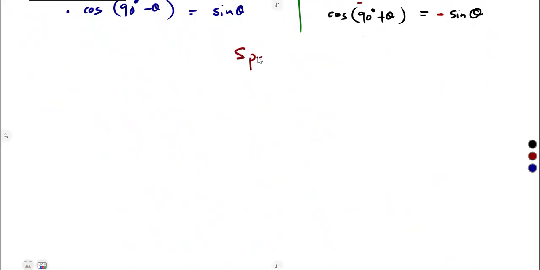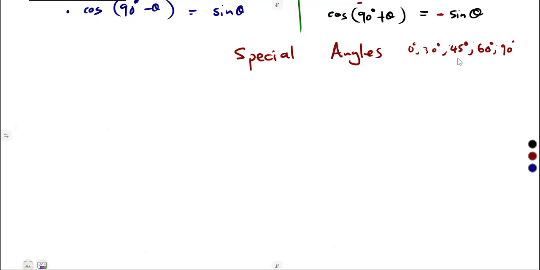But anyways, as you consider the special angles, we are referring to 30 degrees, 45 degrees, 60 degrees. Actually, we have a 0 and a 90 degrees.